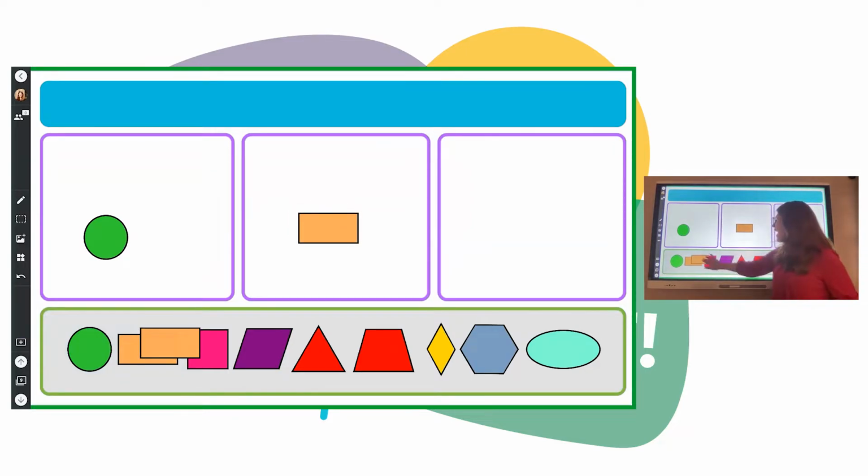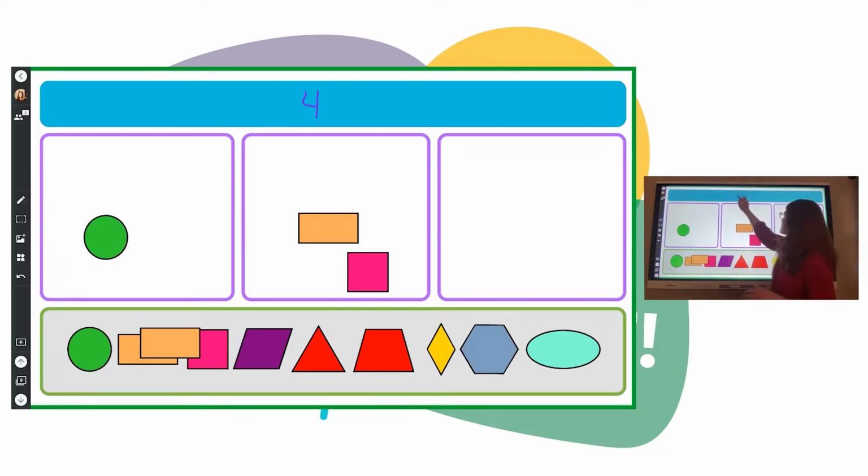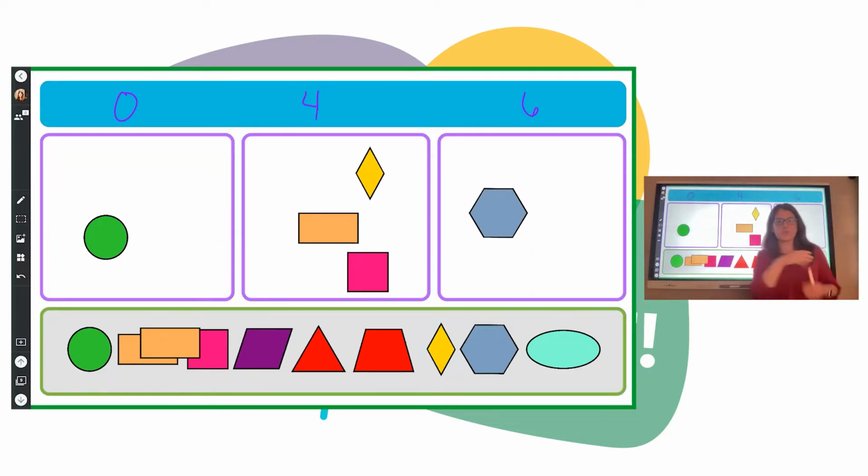And maybe I'm going to add some information for students at the top here, coming into my regular pen, maybe I'm going to say 4 sides, or maybe we're looking for any shapes with 6 sides or 0 sides. So I could give them that information. But also maybe students are going to sort the shapes and then tell me how they're sorting them and explain their thinking. So this one would be super easy to add.